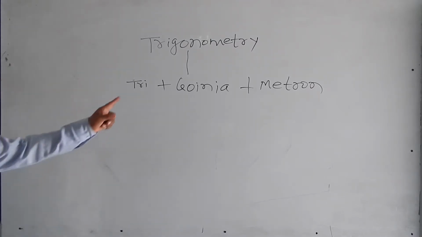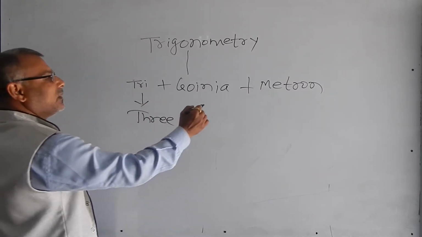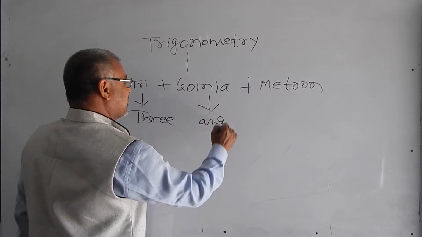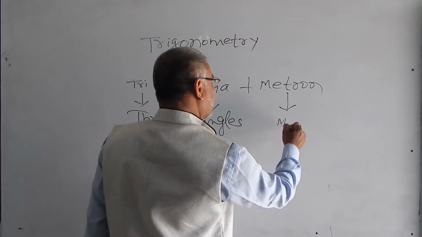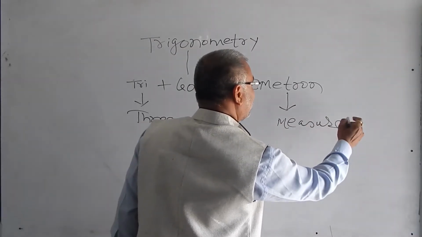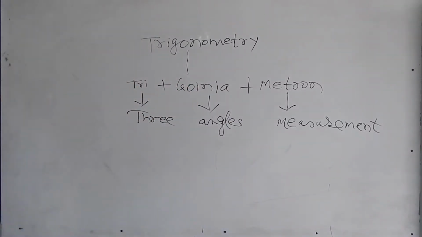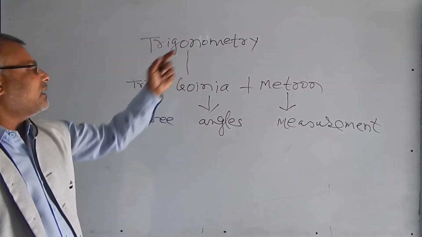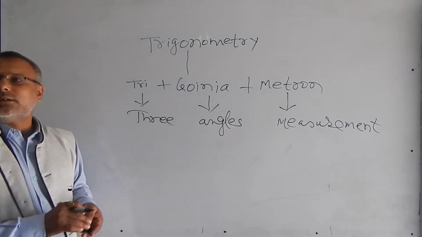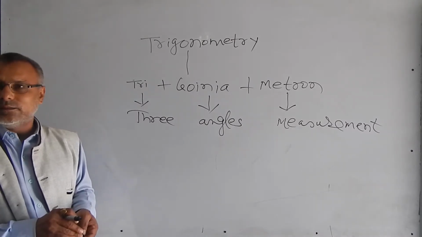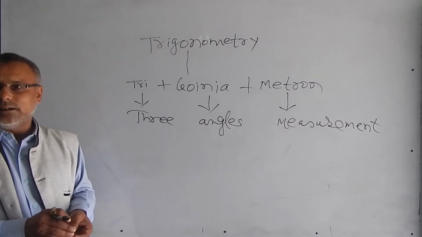The meaning of these three words: tri means three, gonia means angles, and metron means measurement. Thus, what we learn in the subject trigonometry is the measurement of three angles which we find in a triangle.